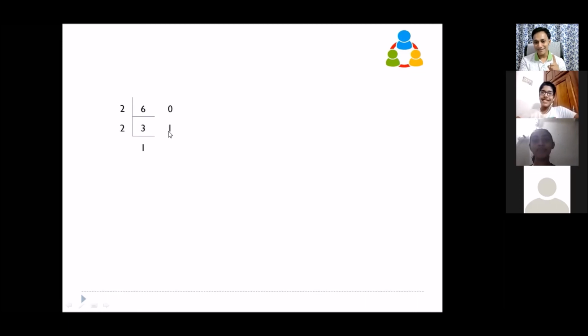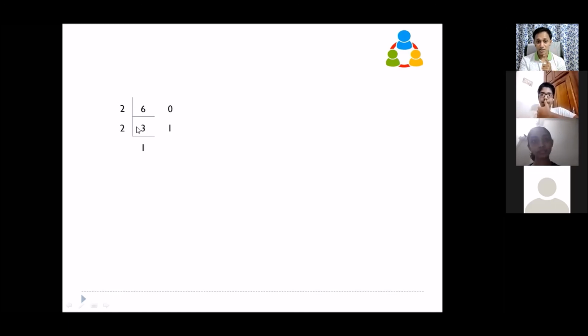What does this remainder mean? Forget about binary. You just think decimal. Here you got 3, so this is 0. Here you see 1. Why did you get this 1?